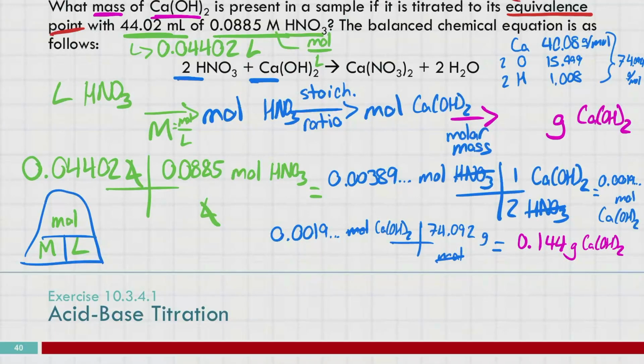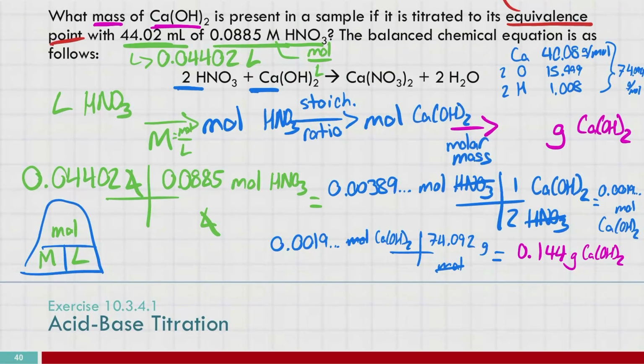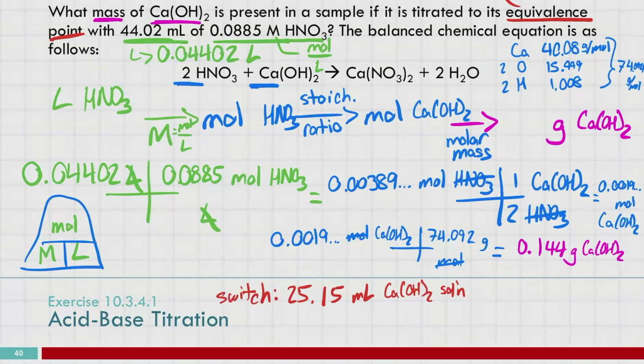If we instead wanted to find molarity, so if we switch the problem up a little bit, let's say that we had 25.15 milliliters of calcium hydroxide solution, and we wanted to find the molarity of calcium hydroxide.